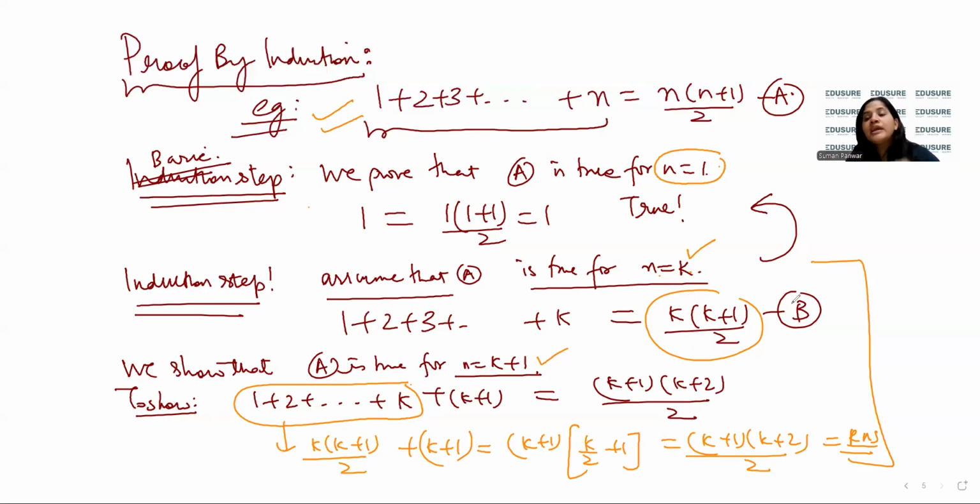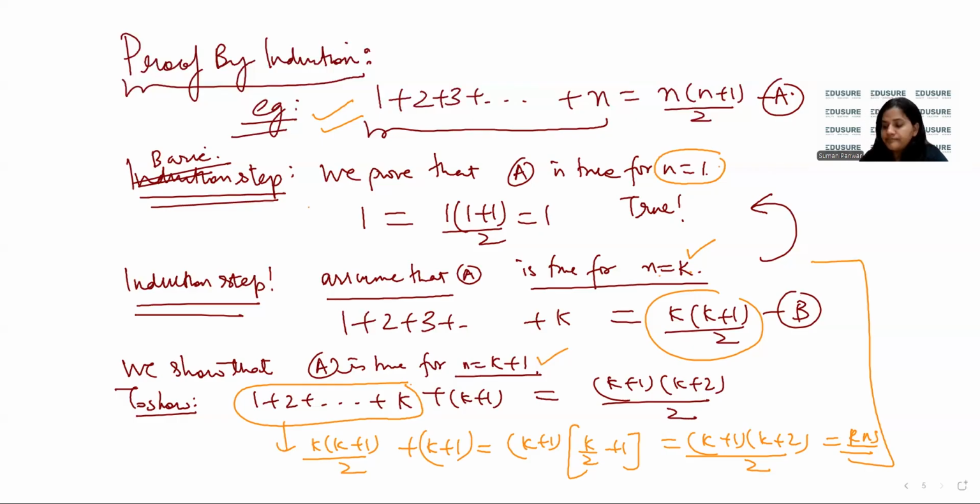And then we say, if at the kth step something is happening and we are able to prove that it happens at the k plus 1th step also, then we use the basic step. That means it was true for step number 1, so it is automatically true for step number 2, then step number 3 and so on. This is known as proof by induction.